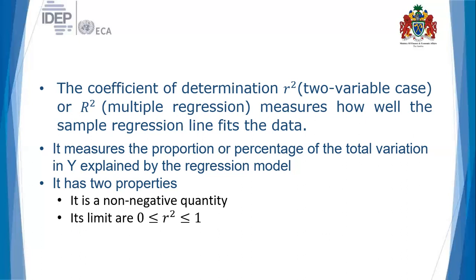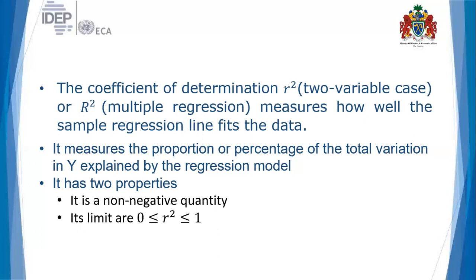How well has this sample regression line fitted the data? How much of the variation in Y has been explained by the regression model, or by the variables collectively included in the model? This coefficient as well is automatically generated in Stata, but that is how it is interpreted, which can then be used to judge whether our model fits the data well or not.